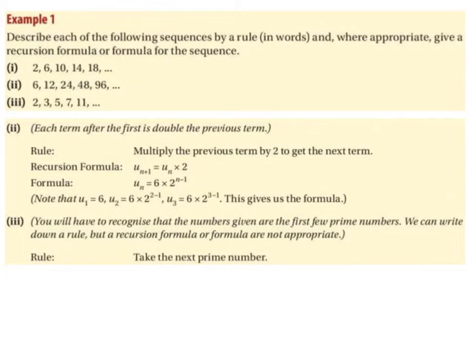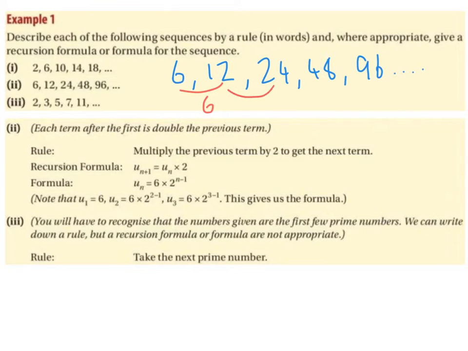Okay, part 2, our sequence is 6, 12, 24, 48, 96, ... So first thing we want to do is see what is the difference between each of the terms. So if I write this out up here, I have 6, 12, 24, 48, 96, ... To get from 6 to 12, it's a difference of 6.